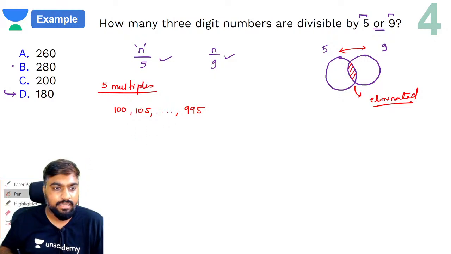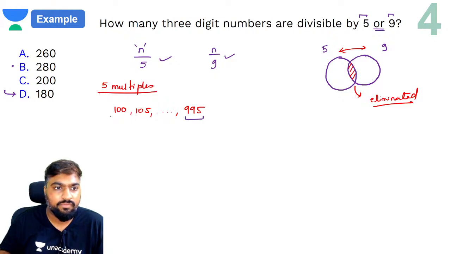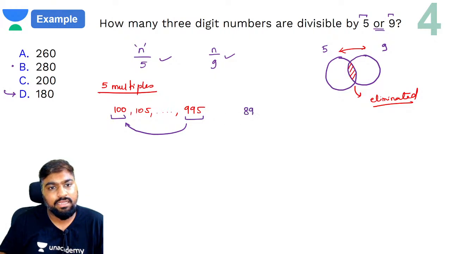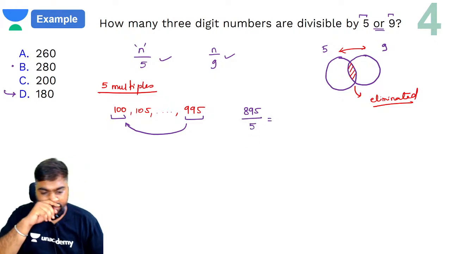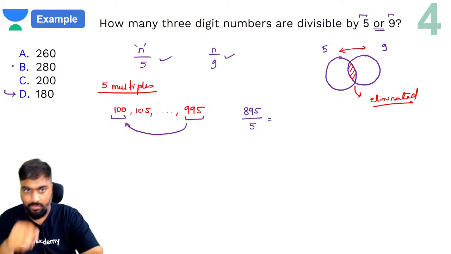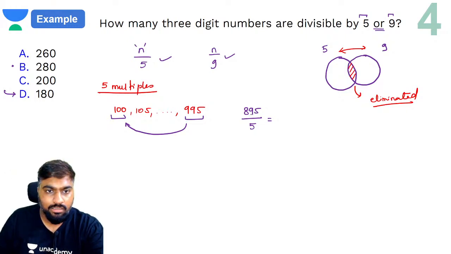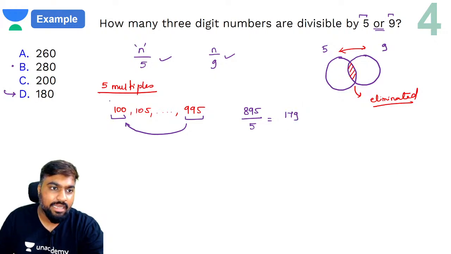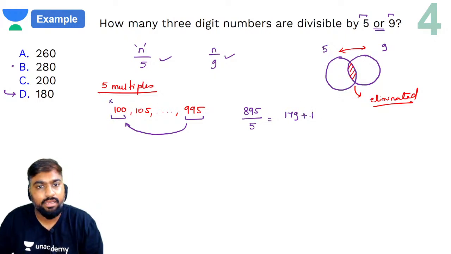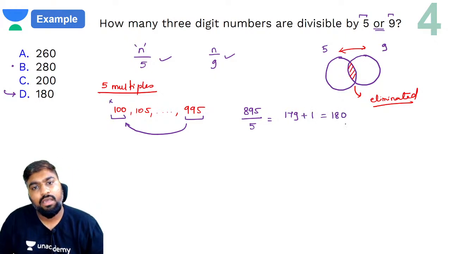Take the last number 995 and 100. The difference is 895. These are all in intervals of 5, so 895 by 5 is 179. But in this you eliminated 100, so you add that 100 again, counting it once. So totally 180 are multiples of 5, correct?